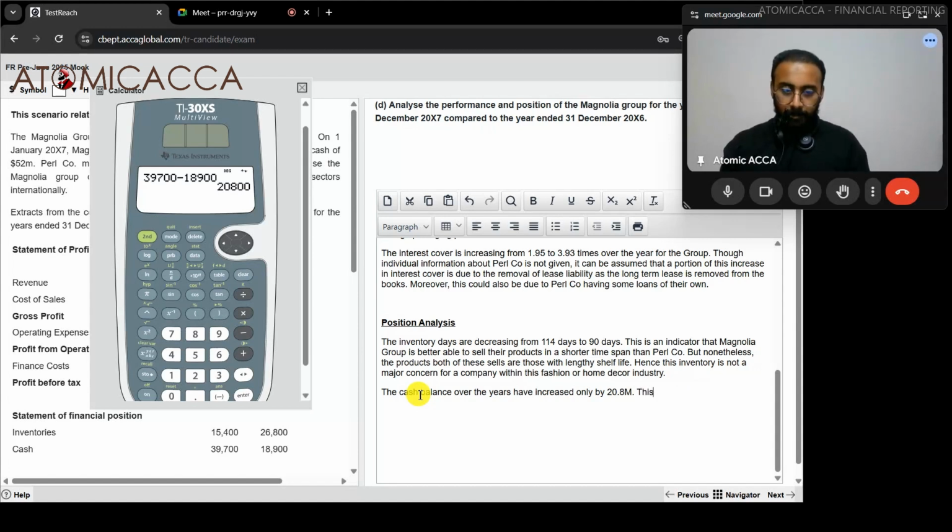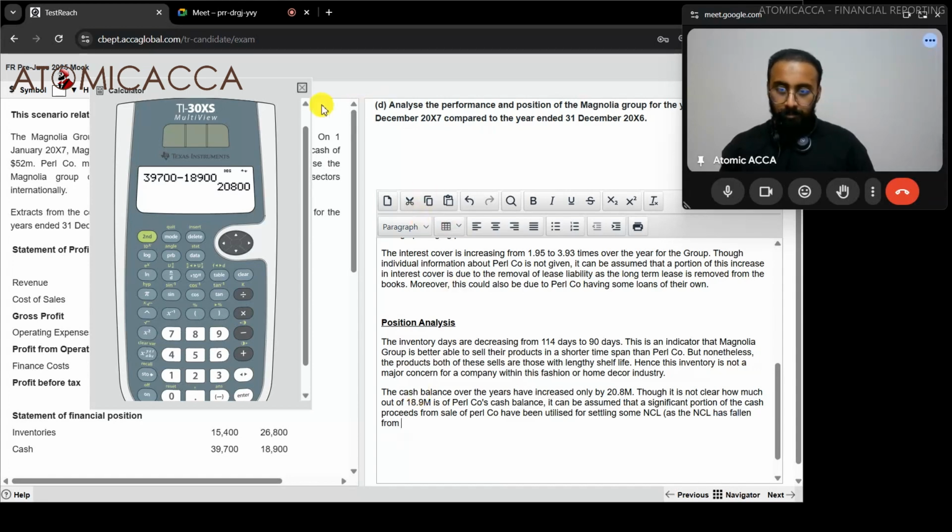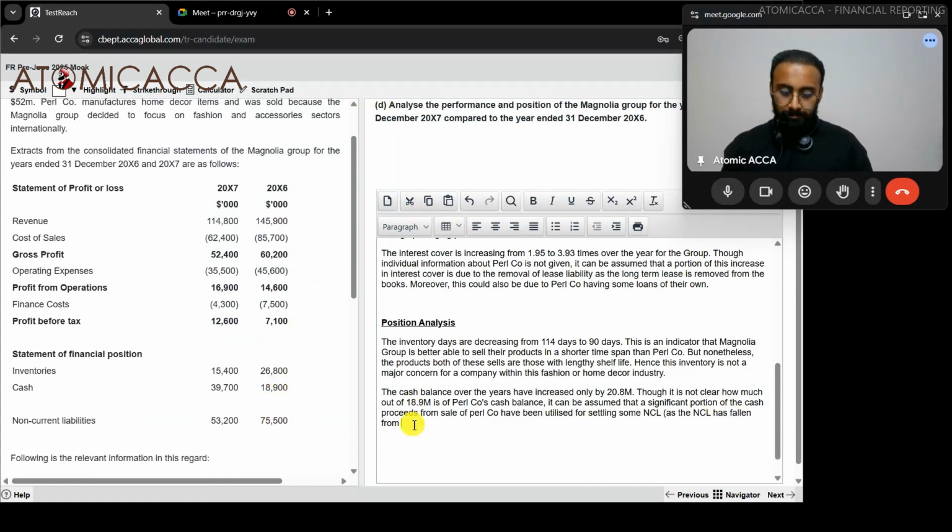This means that though it is not clear how much out of 18.9 million is of Pearl Company's cash balance, it can be assumed that a significant portion of the cash proceeds from sale of Pearl Company have been utilized for settling some non-current liabilities, as the non-current liability has fallen from 75.5 million to 53.2 million.